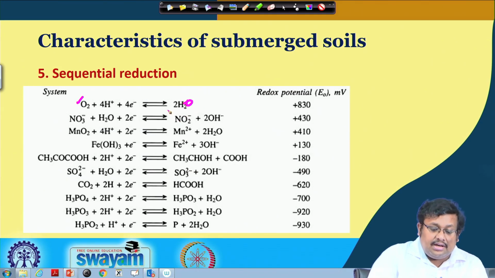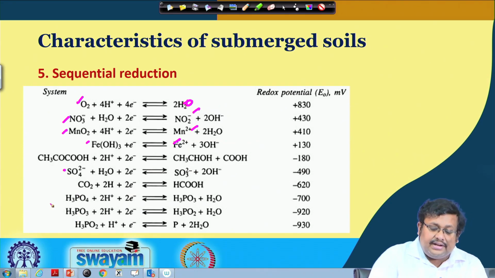Then second, the nitrate gets reduced to nitrite, which is very transient, but it is a reduced species. And also you can see that manganese dioxide is getting reduced to manganese Mn2+, followed by Fe(OH)3 to ferrous. So, ferric hydroxide to ferrous, and then so on and so forth.